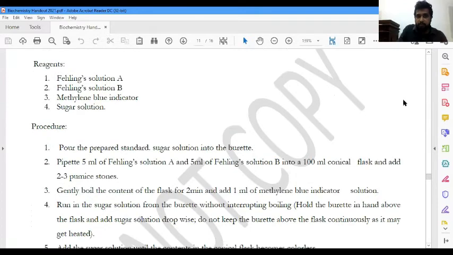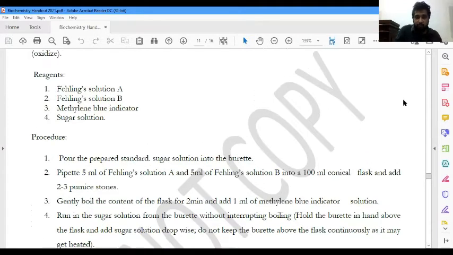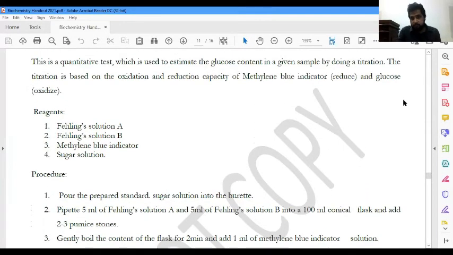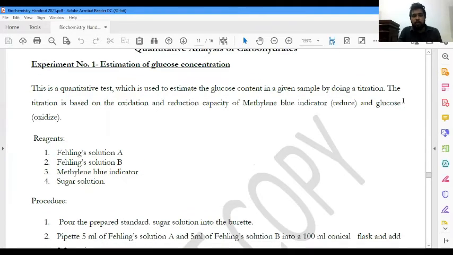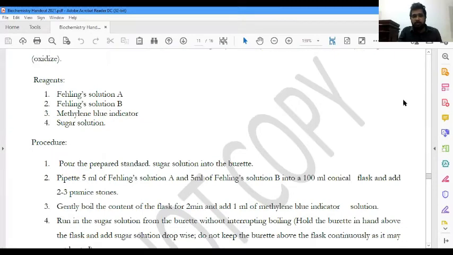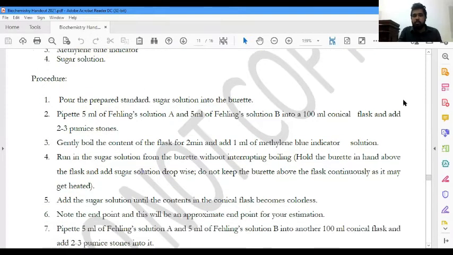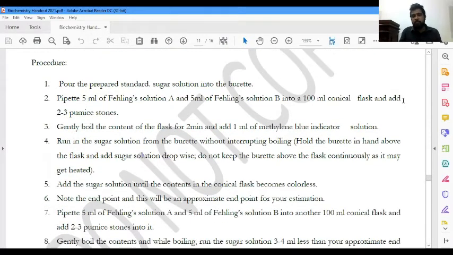Please be careful and understand this, because this is very important. There are only a few calculations that we can do using these biochemical experiments, I mean the things we have in the syllabus. This is one of them.